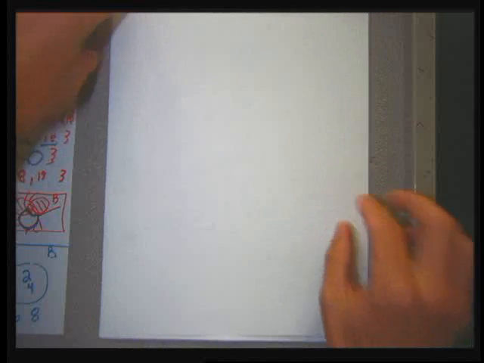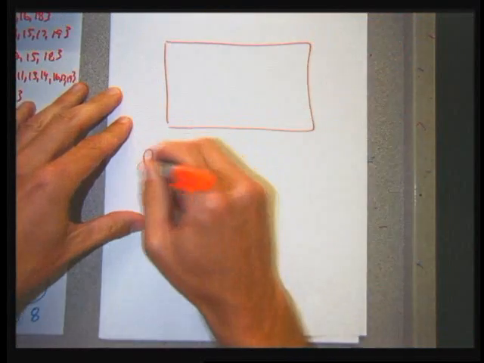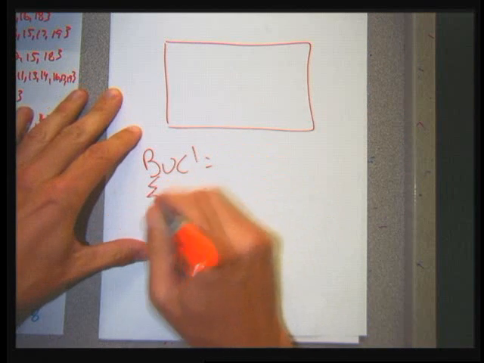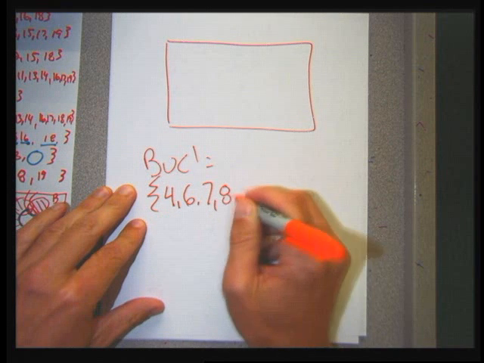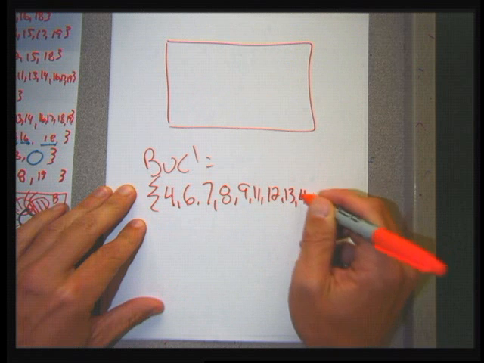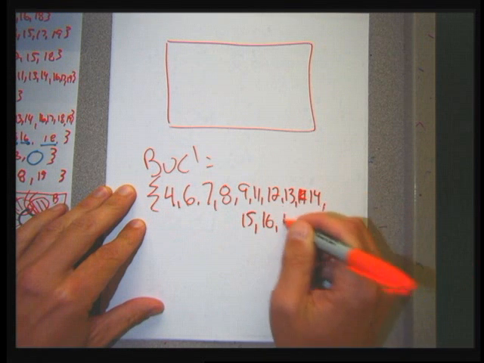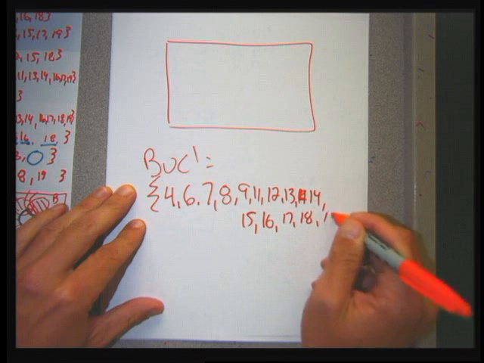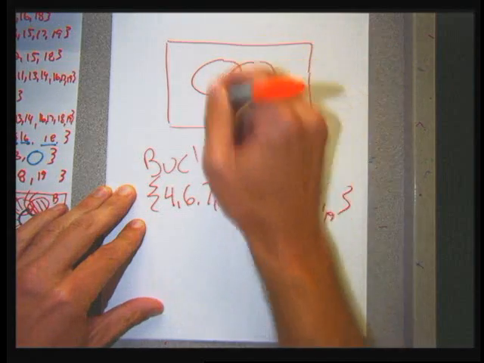And lastly, the B union C prime is anything that's in the B circle or outside the C circle. So B union C prime, which we wrote down in a funky order as 4, 6, 7, 8, 9, 11, 12, 13, 14, 15, 16, 17, 18, and 19, is anything inside the B circle or outside the C circle.